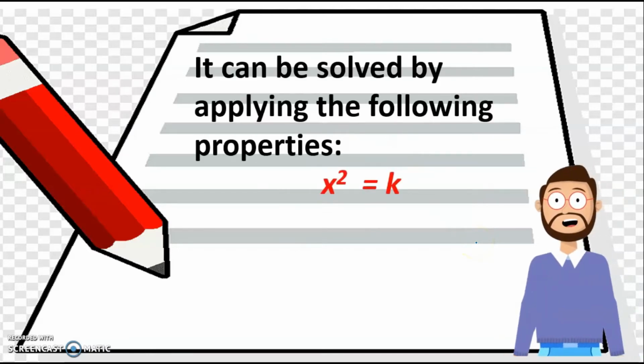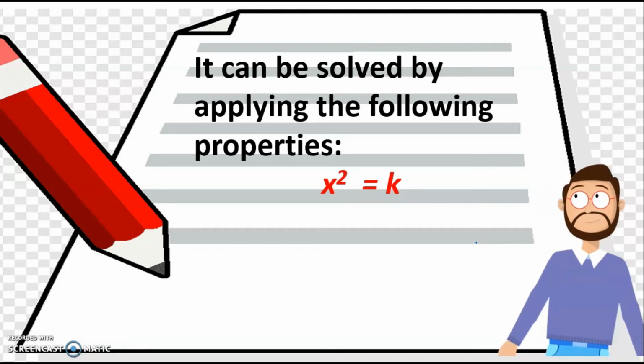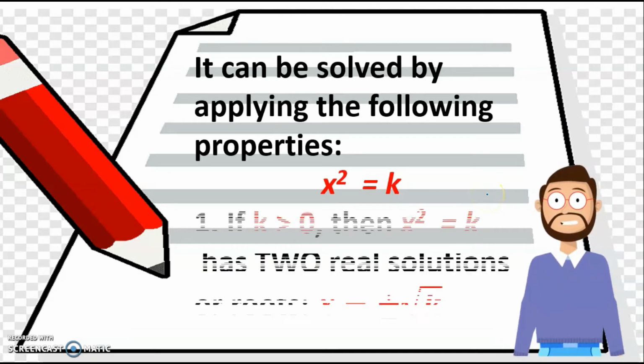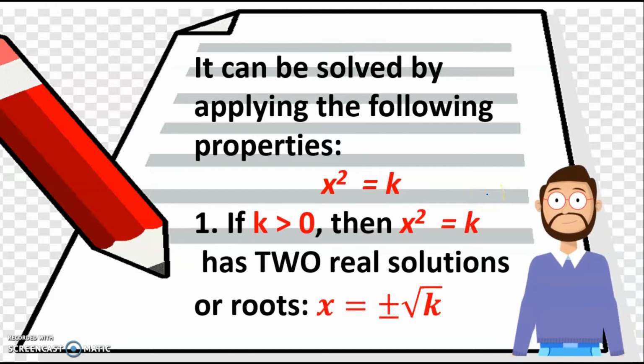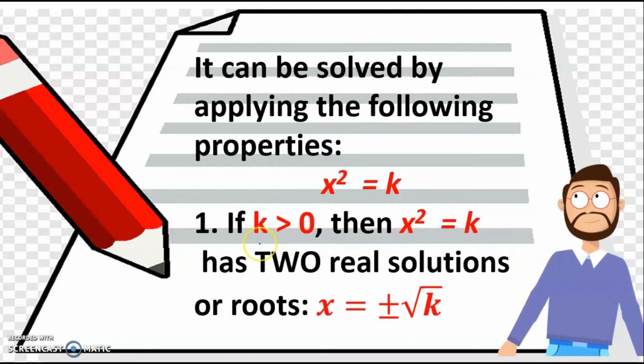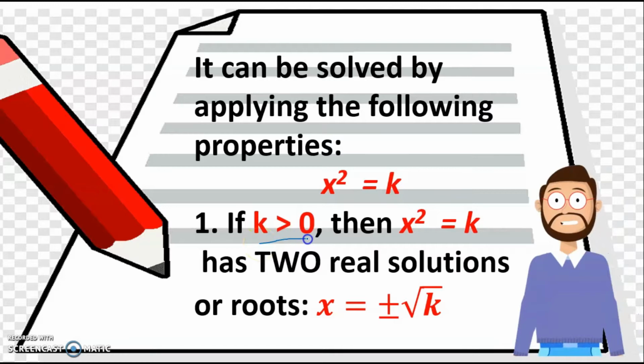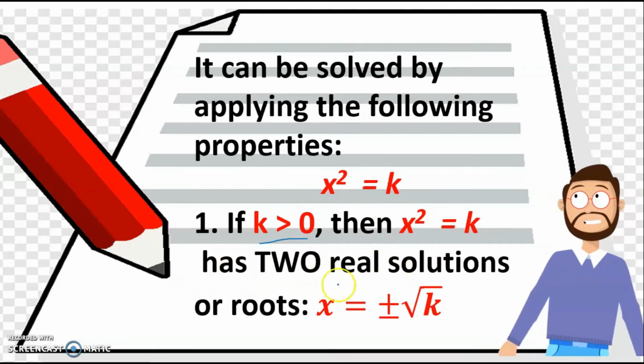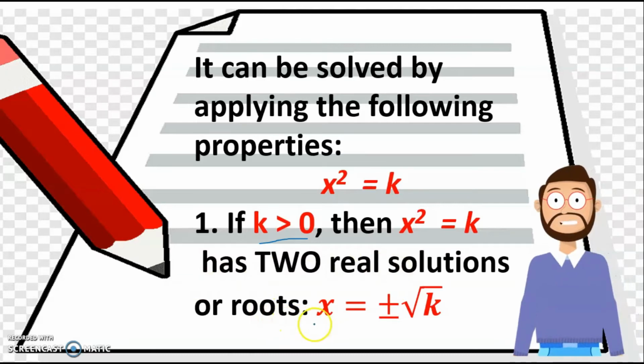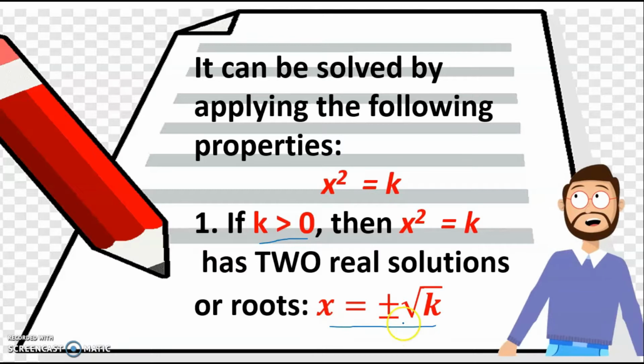Now there are three properties that we need to remember in solving quadratic equations by extracting square roots. The first property states that if k is greater than 0, then x squared equals k has two real solutions or roots. They are x equals positive, negative square root of k.